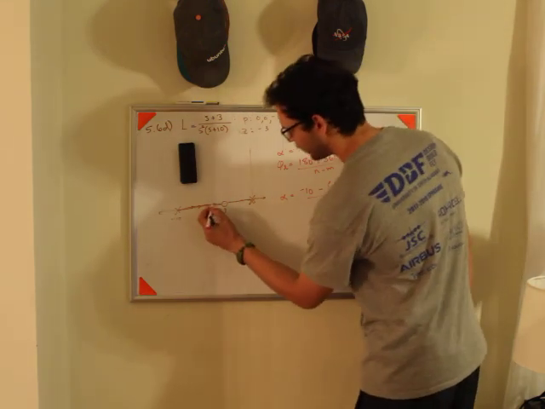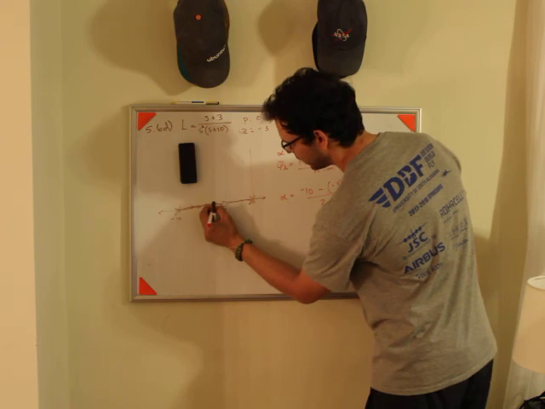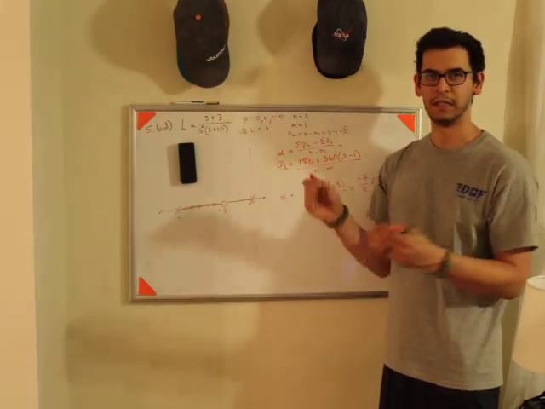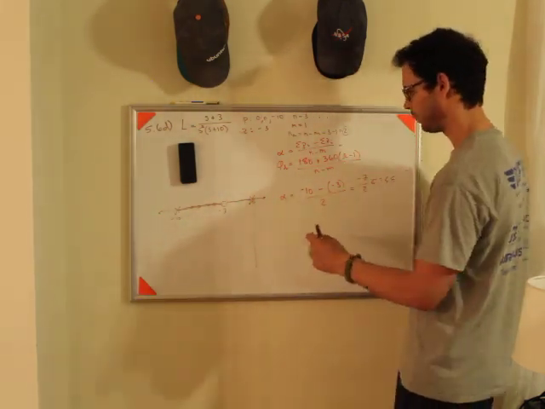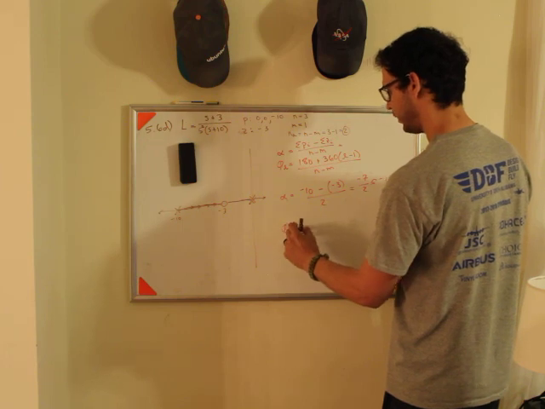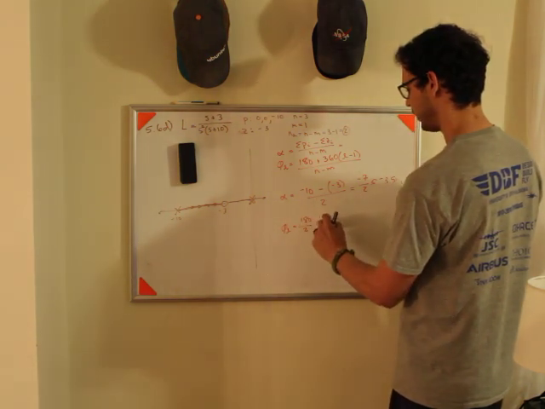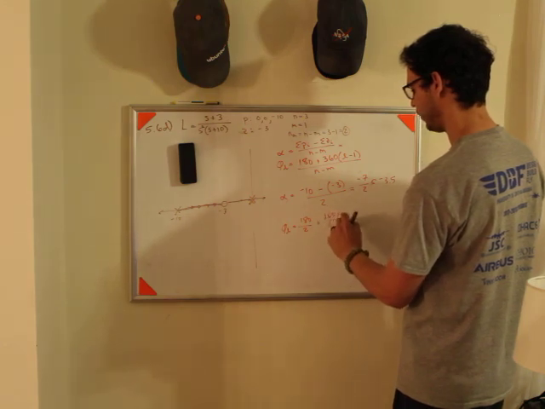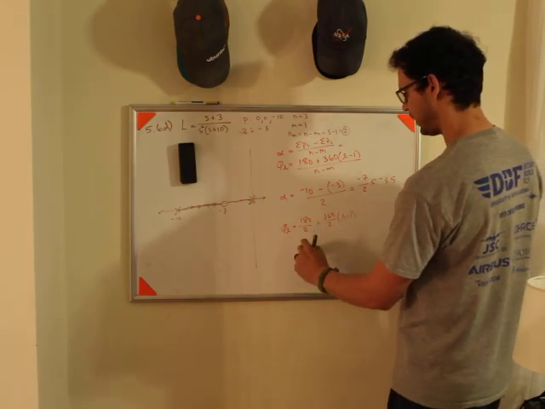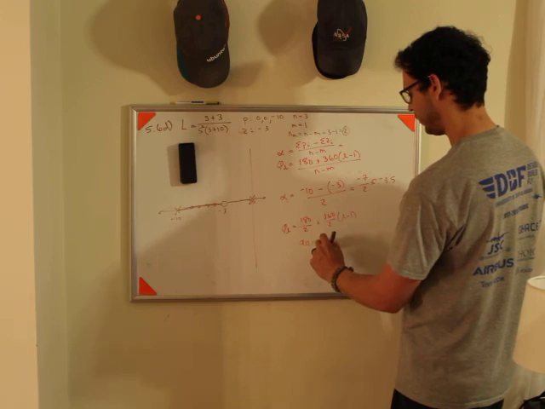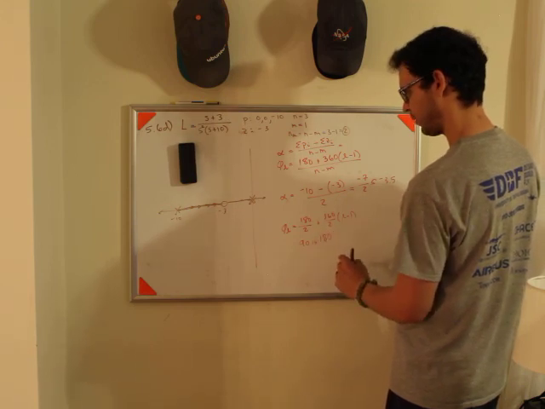That means right here, all of the asymptotes are going to intersect the x-axis. Let's look at phi L now. That's 180 over 2 plus 360 over 2 times (L minus 1). And that's 90 plus, what, 180? Is that right?